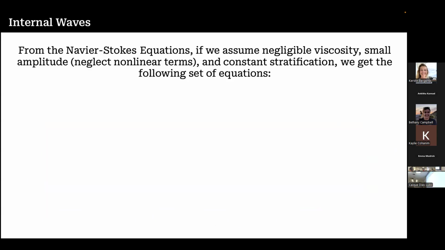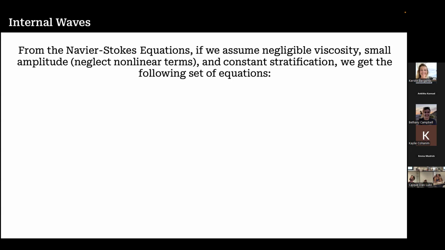We can find a mathematical expression that expresses all the physics of internal waves by going back to the Navier-Stokes equations that Chastain reviewed in the first class. By making a couple of assumptions and combining the equations, we can get to the dispersion relationship.